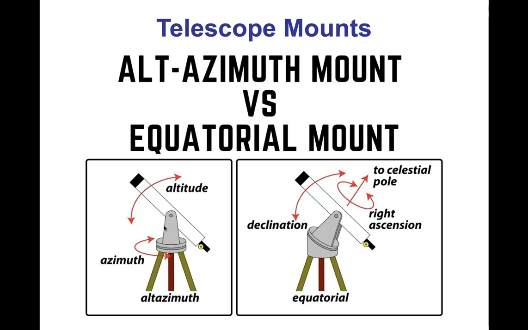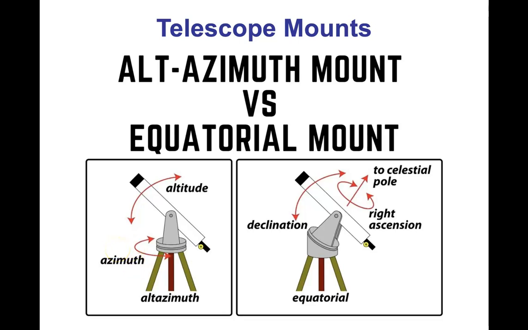There are two ways of mounting a telescope, generally speaking, right? An alt-az mount or an equatorial mount. So the one on the left here, this is an alt-az mount, meaning when you tilt the telescope up and down, then you're looking up and down. You're looking at different altitudes, right? When the telescope rotates left to right, then you're looking left or right around the horizon, so the telescope is moving in azimuth, right?